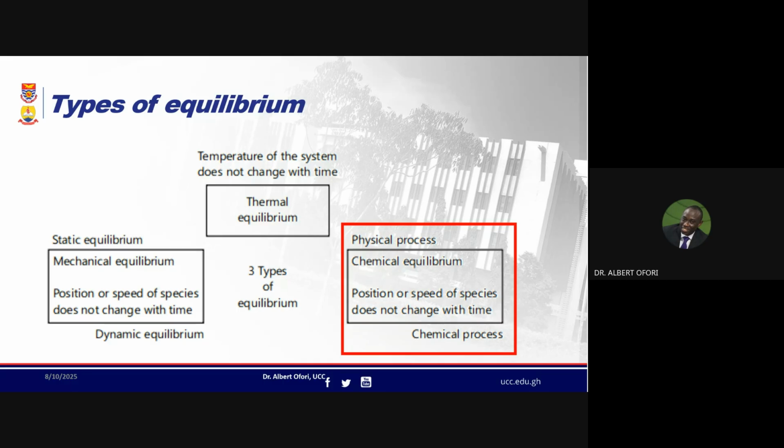When we take the chemical equilibrium, we can look at it in terms of physical processes, things that we can see, or the chemical processes. In the physical processes, some of them we can observe when equilibrium is being achieved. But in a chemical equilibrium, we will not see whatever is going on.